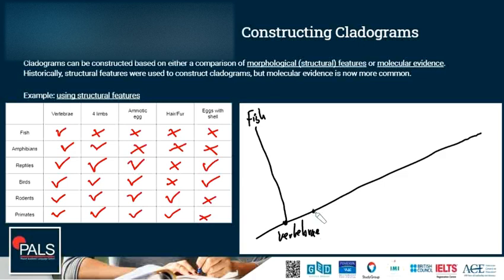Our next group, our next node, amphibians. They have vertebrae, so they are included in this clade. Our next feature, four limbs.